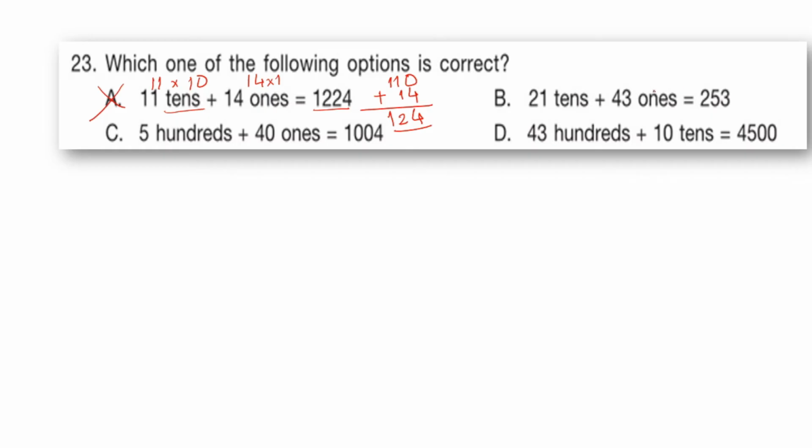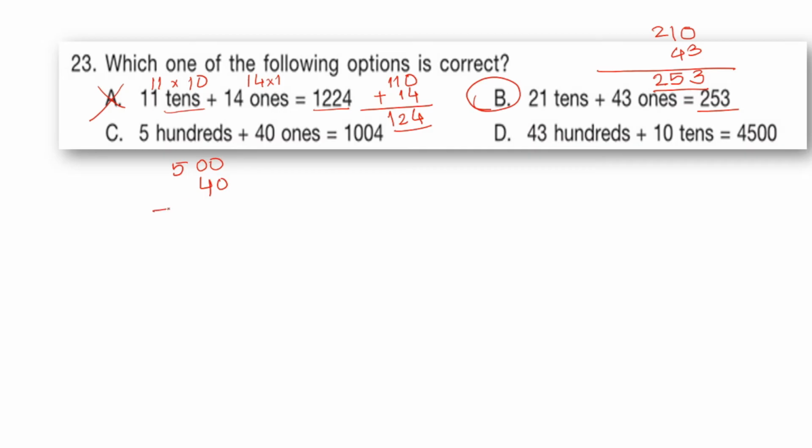Let's look at B, which says 21 tens. So 21 tens is 21 times 10 and 43 ones is just 43. Let's add it here. 3 plus 0 is 3. 4 plus 1 is 5 and 2 here. So it's 253 which matches here. So B looks to be a correct option. Well, if you look here, it is 5 hundreds and 40 ones.